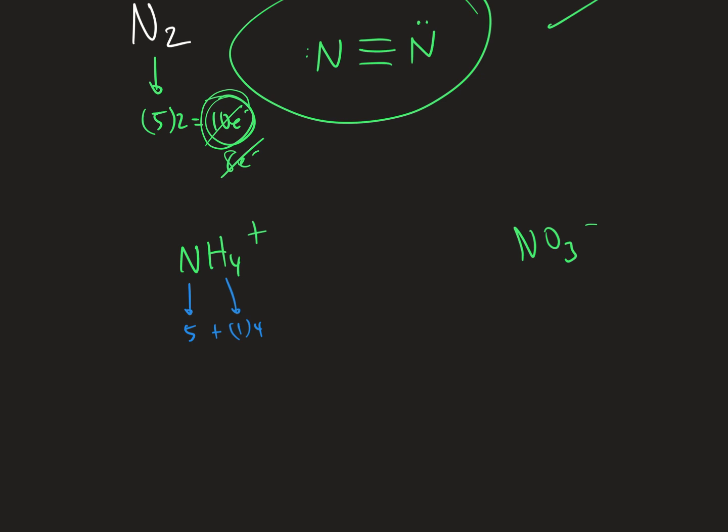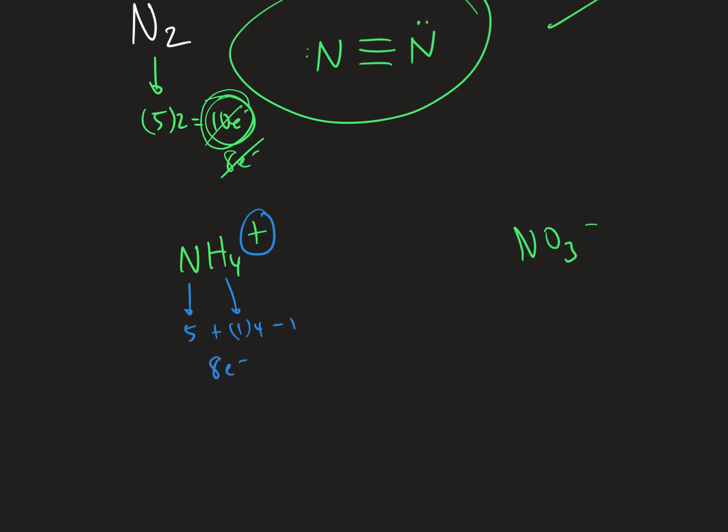Here's a hint. If you get an odd number, you counted incorrectly. You will never get an odd number of valence electrons. What does this mean? Yeah, it's a plus, but what does that mean? We lost an electron. That's why it's positive. So we have to subtract 1 electron, and now it's 8 electrons.